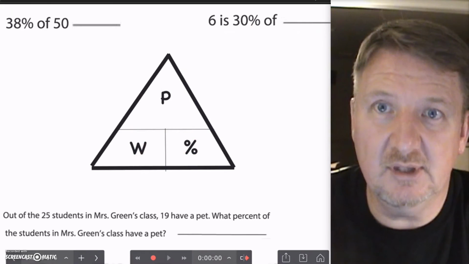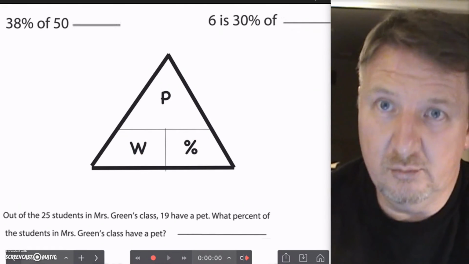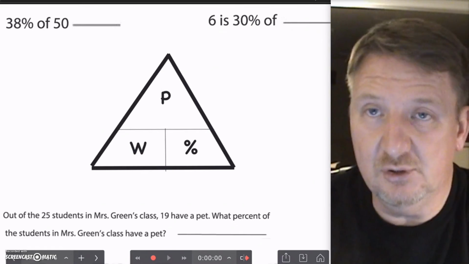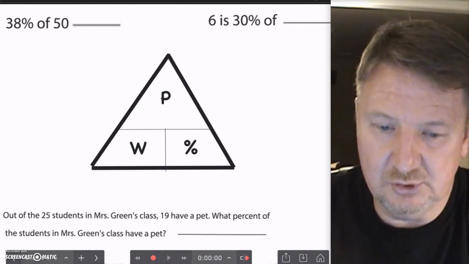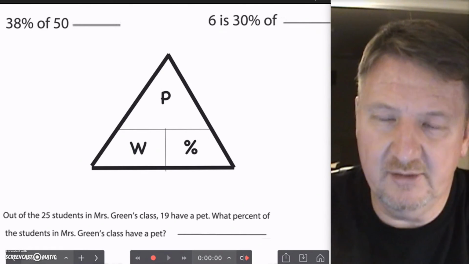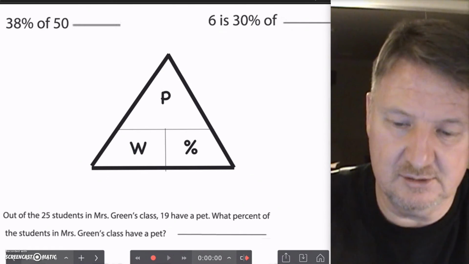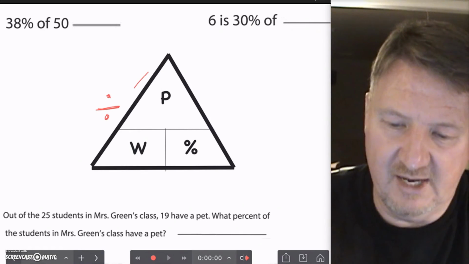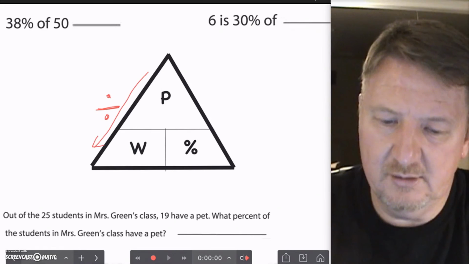Okay, typically in a problem like this, you're not going to know one of these, but you're going to know the other two, and you can use this information to solve any problem. Okay, so if you know the part and the whole, but you're looking for the percent, you're going to divide the part by the whole.